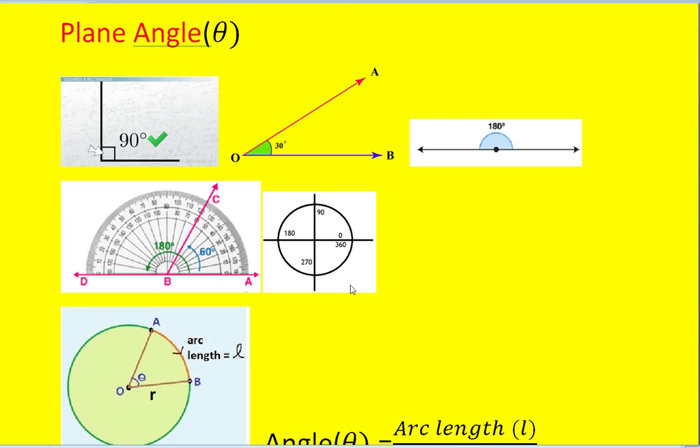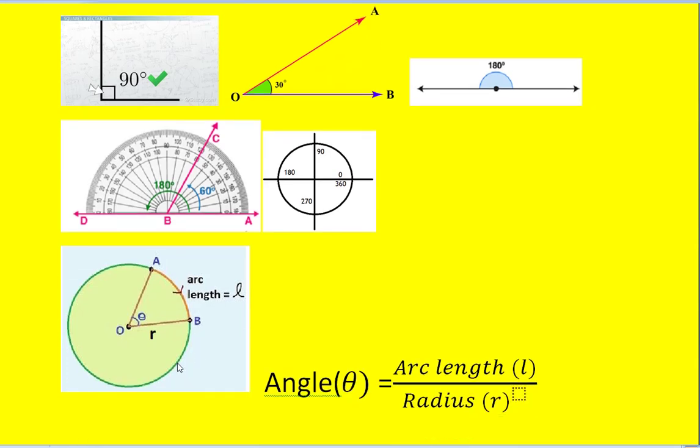So for understanding the plane angle, let me take a circle like this, a circle with radius r. The definition of the plane angle is nothing but the angle subtended by two lines at a point is called the plane angle.